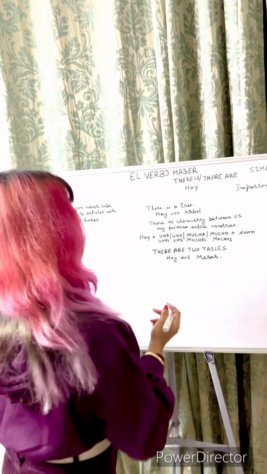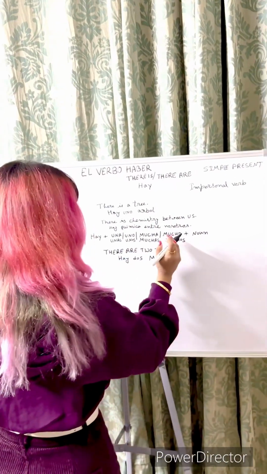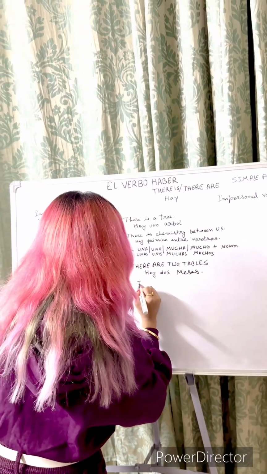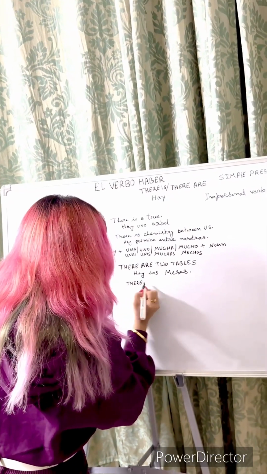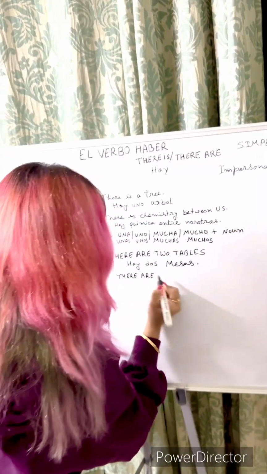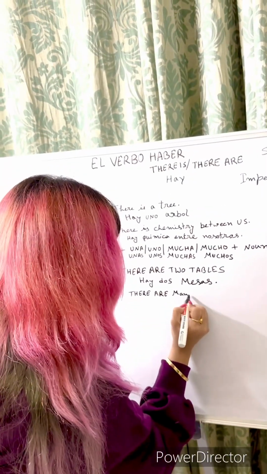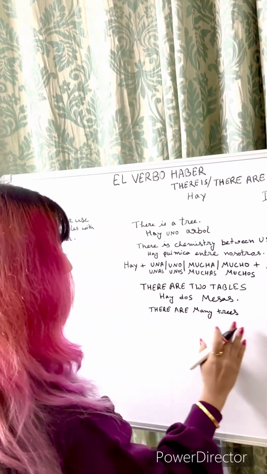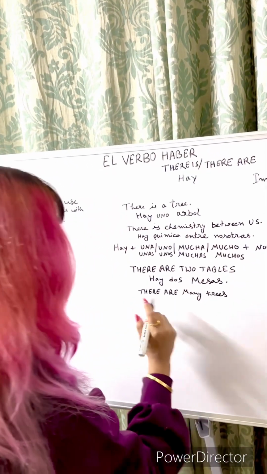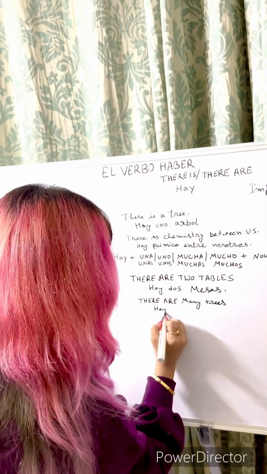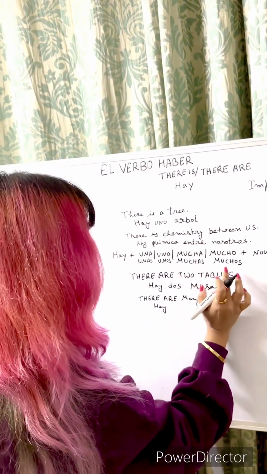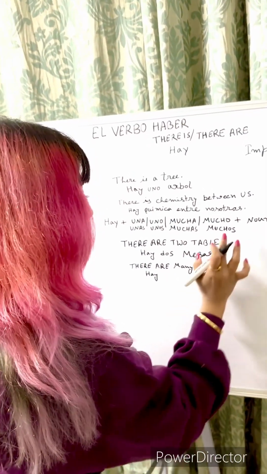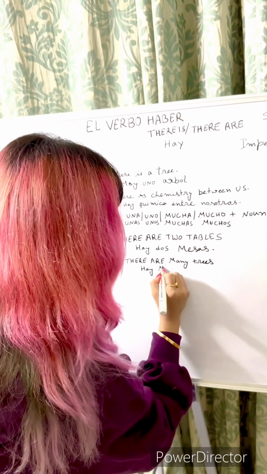And suppose we want to say there are many trees. For there are, hay; for many we'll use muchas or muchos, and tree is masculine, so we'll use muchos.